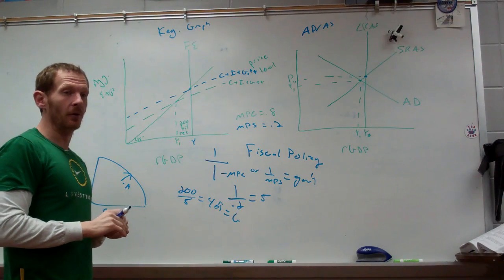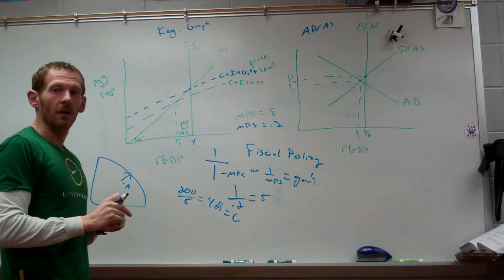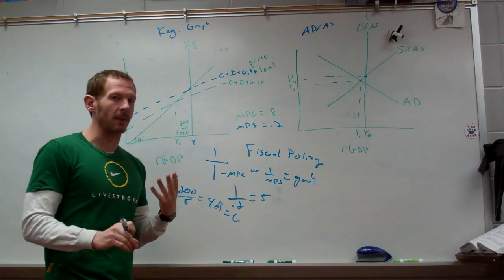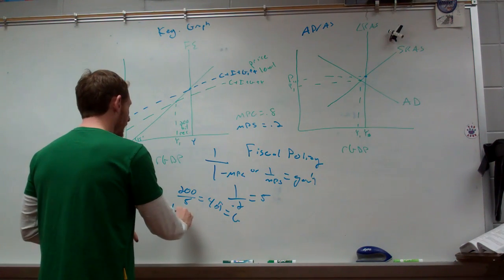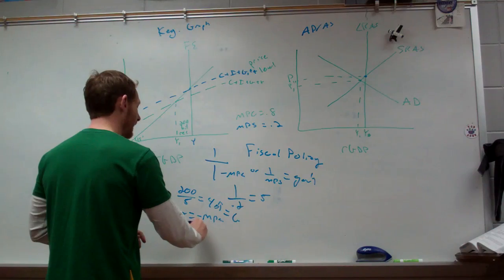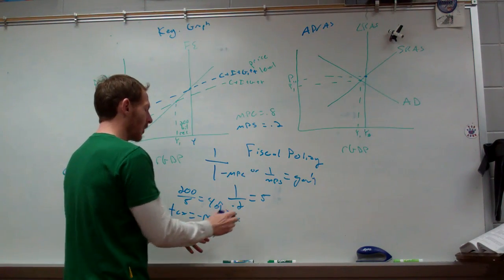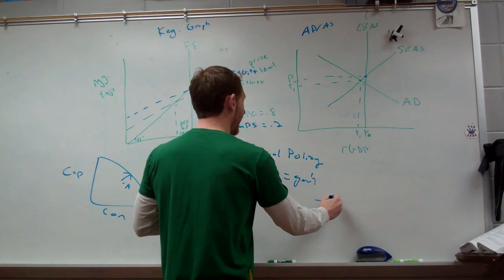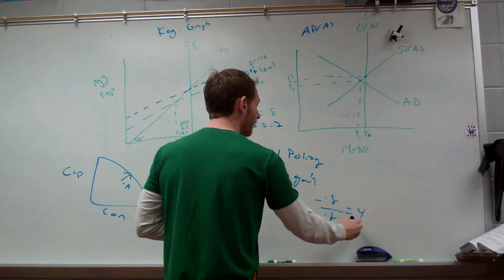Or what we can do is we can change taxes. So we could lower taxes. Well, how much do we lower taxes by? We know our tax multiplier equals negative MPC over MPS. So it would be negative 0.8 over 0.2, which would be negative 4, right?